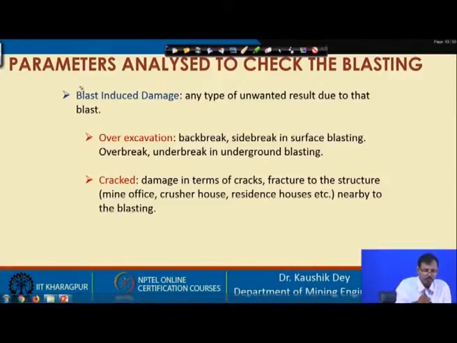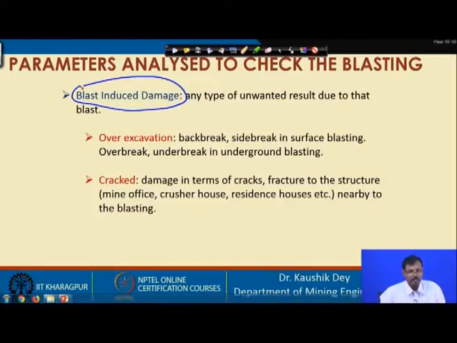This is one very important parameter, considering the effect on the remaining rock mass, that is, how much damage has occurred to the remaining rock mass. One is called over excavation, another is the cracked formation in the remaining rock mass, which may result in destabilization of the area.